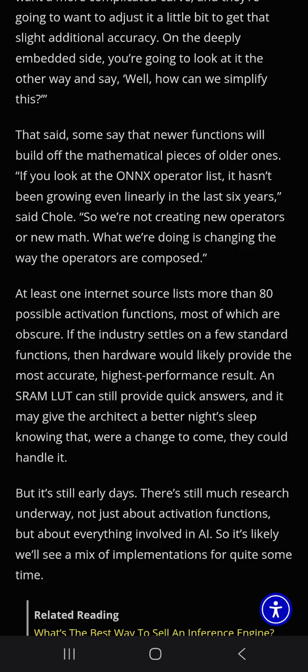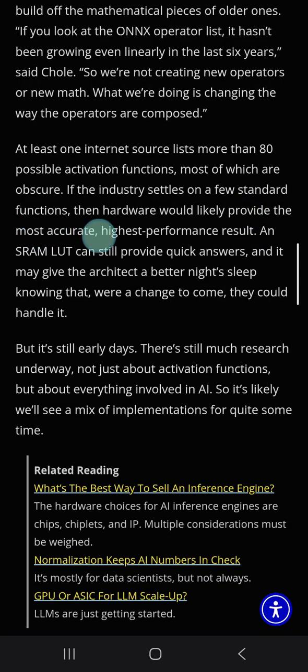What we are doing is changing the way the operators are composed. At least one internet source lists more than 80 possible activation functions, most of which are obscure. If the industry settles on a few standard functions, then the hardware would likely provide the most accurate, highest performance result.